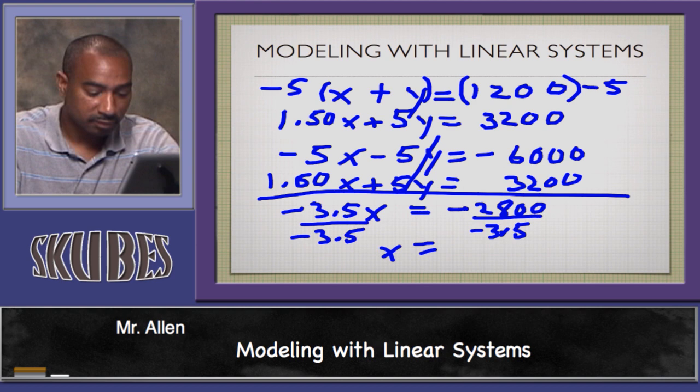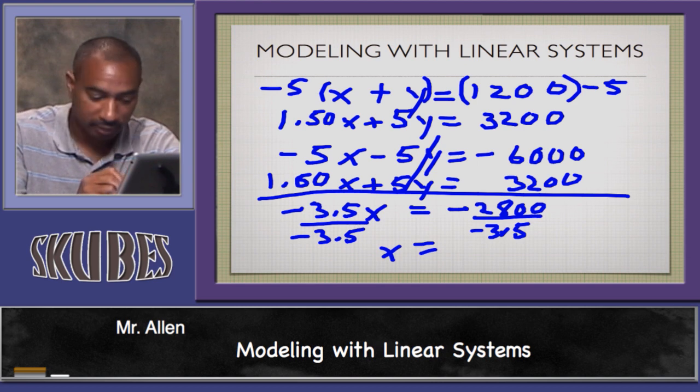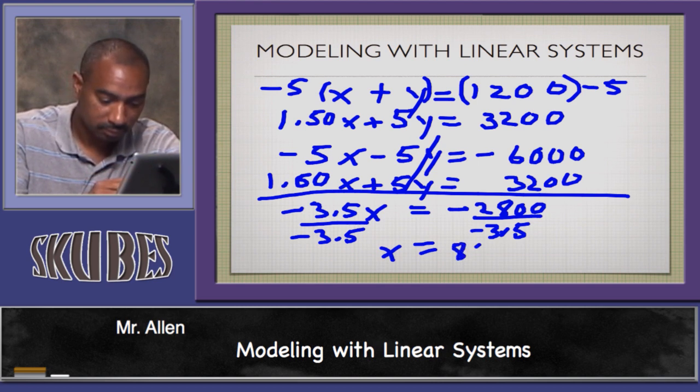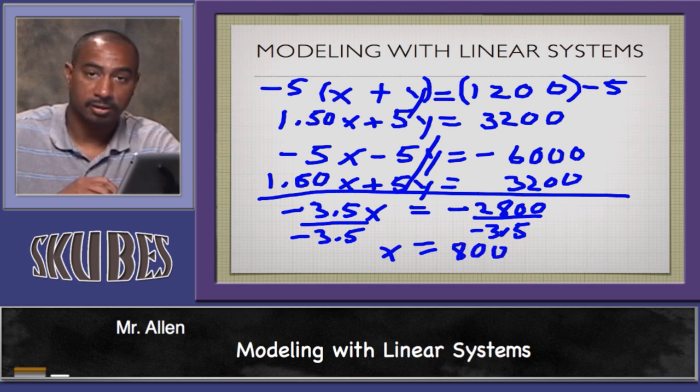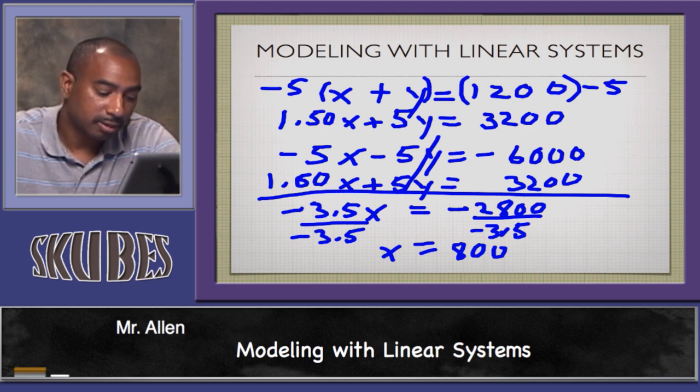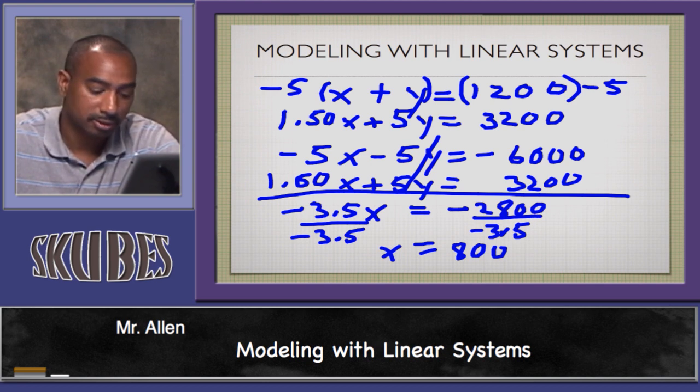If you divide 3.5 into 2,800, you're going to wind up with 800. And the negatives cancel out. So we know that there are 800 student tickets. And now what you want to do is plug this into the top equation and figure out how many adult tickets there were.